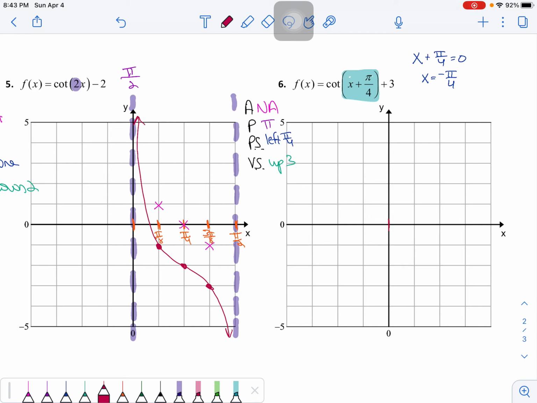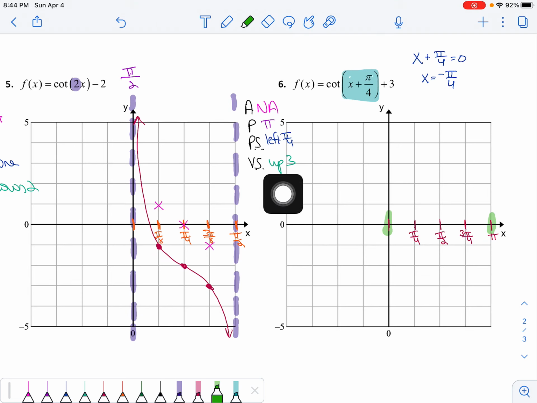So let's go ahead and label the x-axis here. So 1, 2, 3, and 4. Period's pi, so 0, pi over 4, pi over 2, and 3 pi over 4. All right, let's go ahead. Now, because this has a phase shift, I am just going to lightly put in one vertical asymptote there and there, okay?